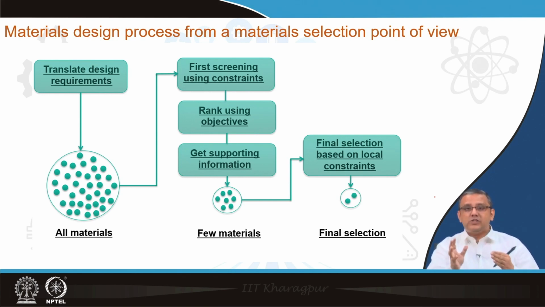After you identify those few materials, you make the final selection based on local constraints. There may be cost constraints, there may be technological constraints, and this way you will end up with only one or two final selections from which you will identify the best material for your application. Now, these individual steps I will briefly discuss in individual slides.